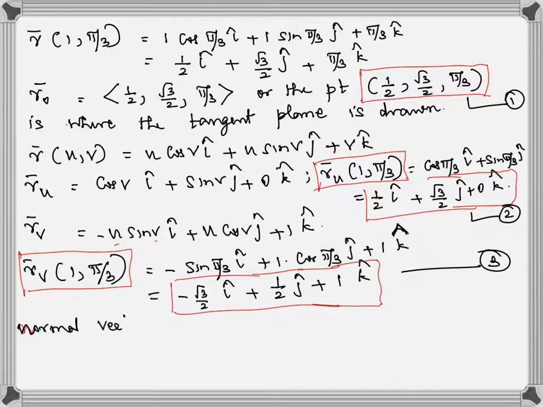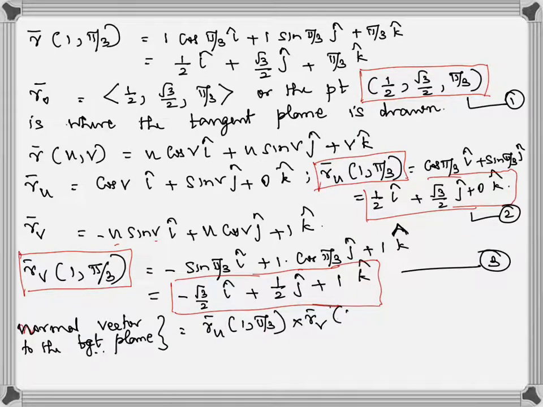So the normal vector to the plane is r_u at (1, pi/3) cross r_v at (1, pi/3). Taking the cross product is just a determinant: i, j, k in the first row; the second row has the components of r_u, which are 1/2, root 3/2 and 0; the third row has the components of r_v, which are negative root 3/2, 1/2 and 1.